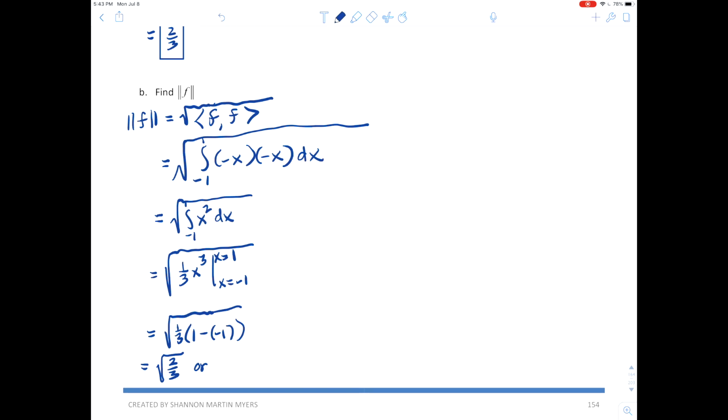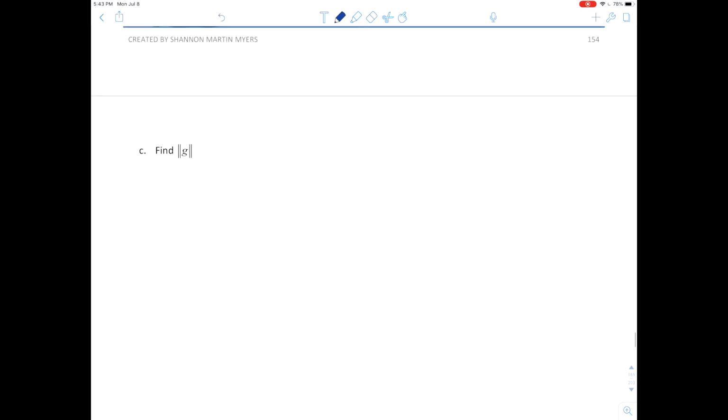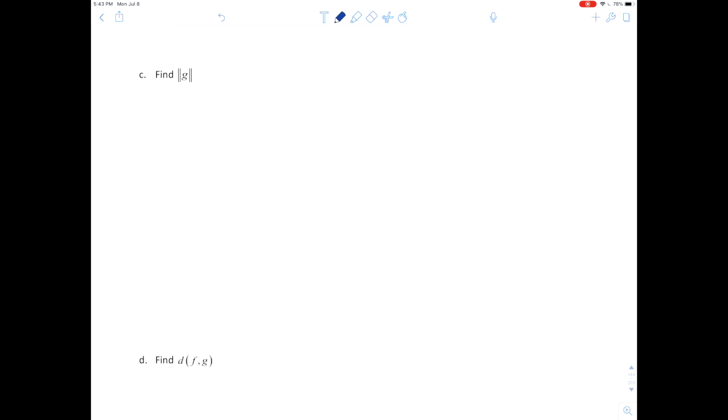Or that one looks kind of mean. Why don't we rationalize the denominator to get √6 over 3. Cool, cool? All right, continuing the magnitude of g. So this one will be a little more mean, all right?